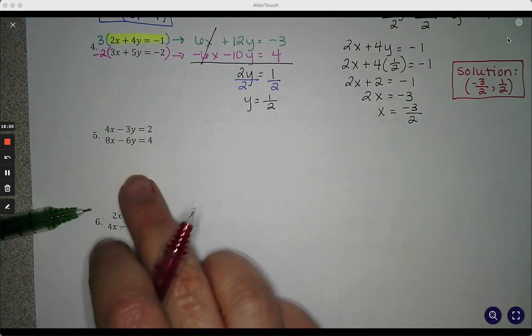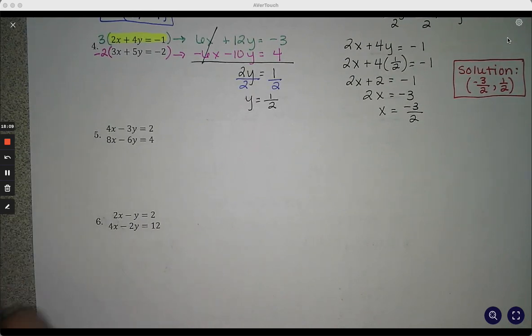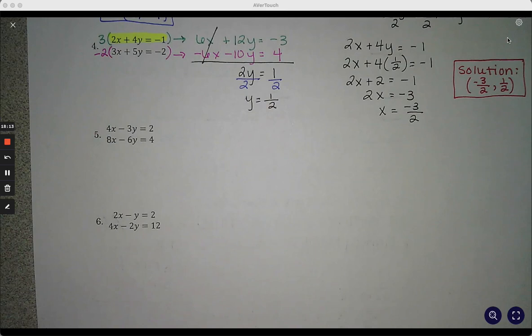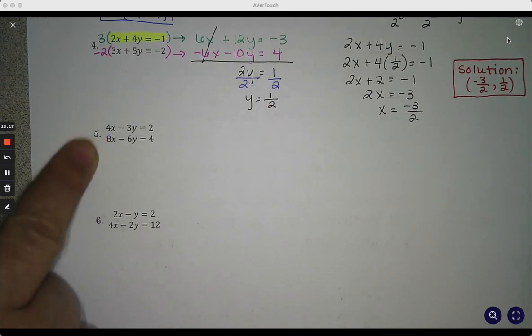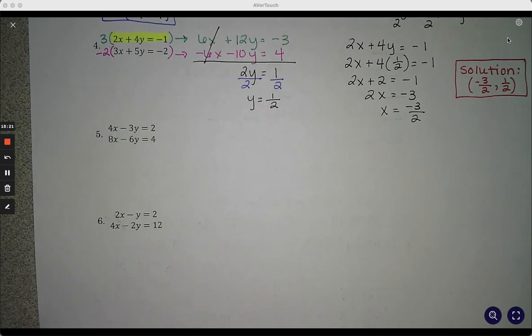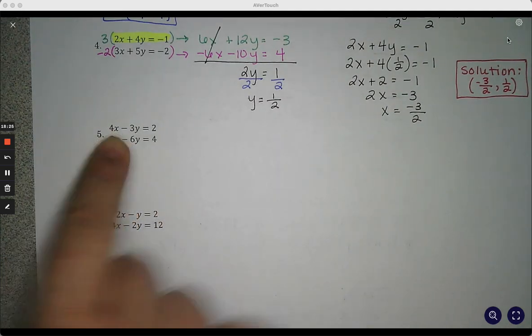So let's look at number 5. I think it might be easiest to get rid of our 8s, or I should say our 8. Oh, I can talk today. It's fine. We should be able to get rid of our x's. So that's a +8, that's +4.